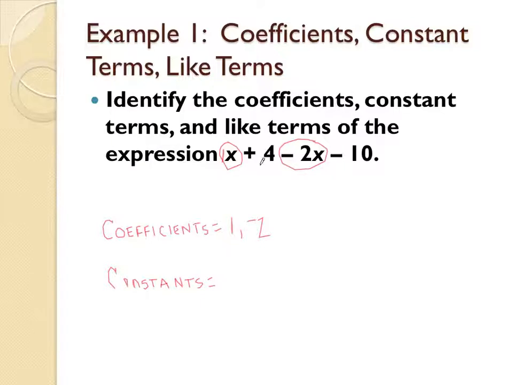All right, so I'll use a different shape or a different symbol here. I'll go ahead and underline. All right, so I have a +4 that does not have a variable tied to it, and I also have a -10. Okay, remember the sign in front goes with the number behind it. All right, so my constant terms are going to be +4 and the -10.